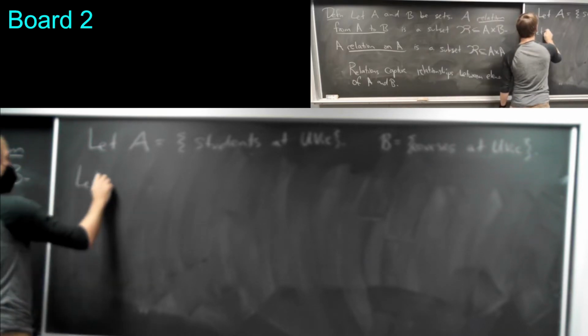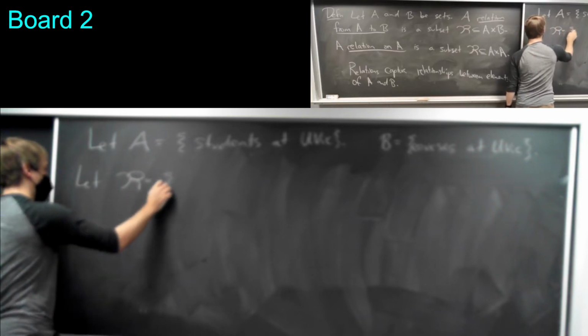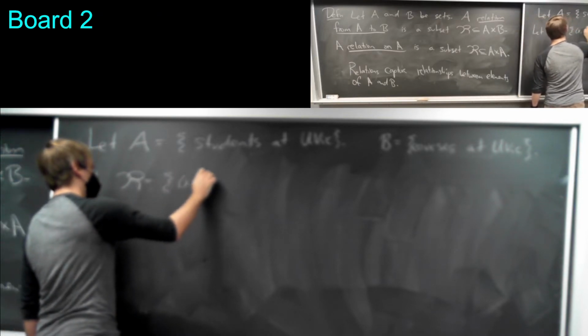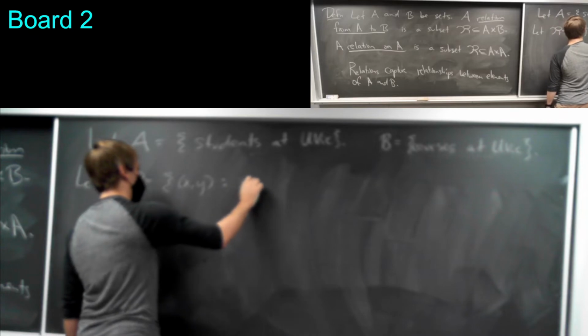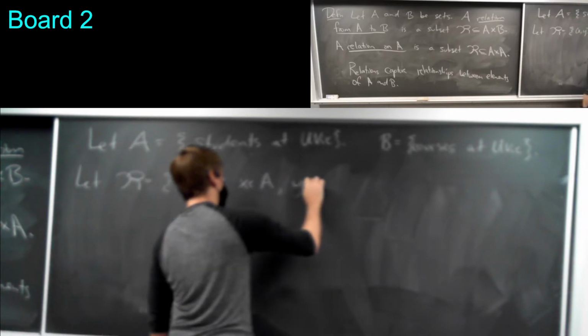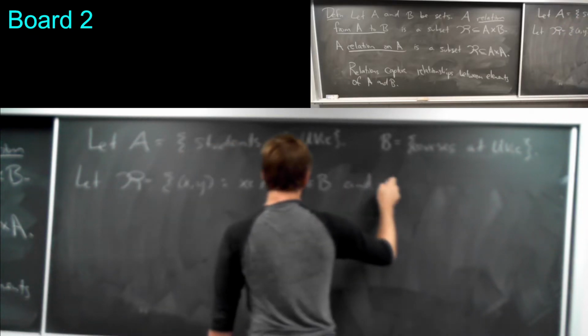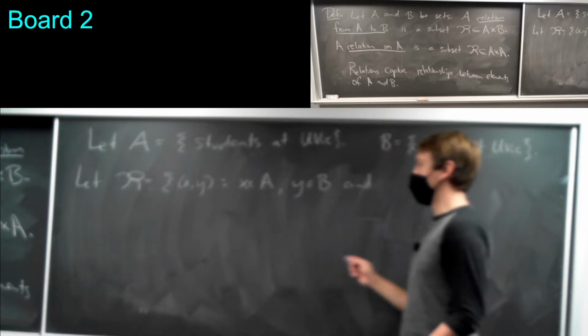So we can let R be the set of all pairs x, y, such that x is in A, y is in B, and so if x is in A, then x is a student.